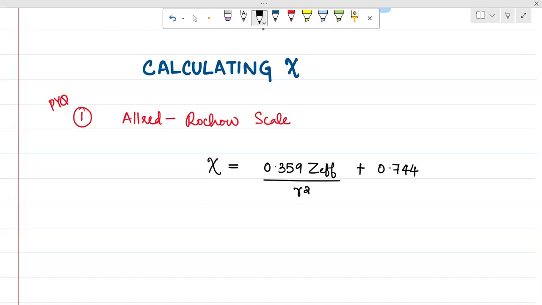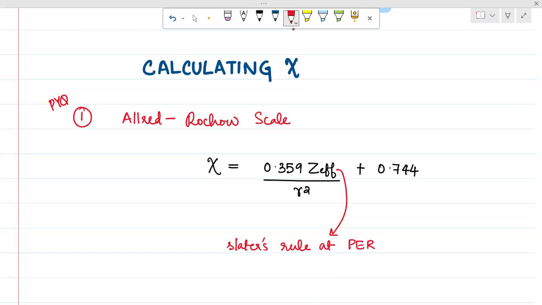Let me check if what I've written is right. Yes. So 0.359 into Z effective. How do you find the Z effective? Z effective can be found from the Slater's rule, which we have already discussed. Important: in Slater's rule, when you consider over here, you have to take the position at periphery.